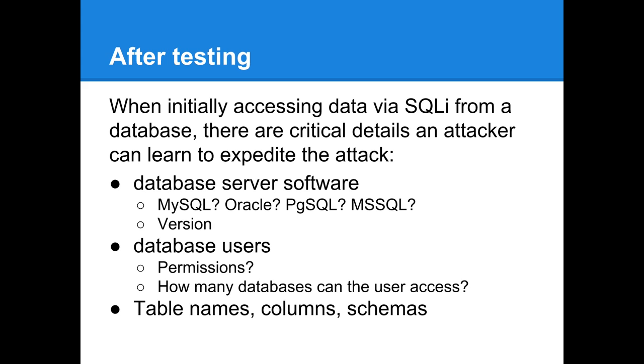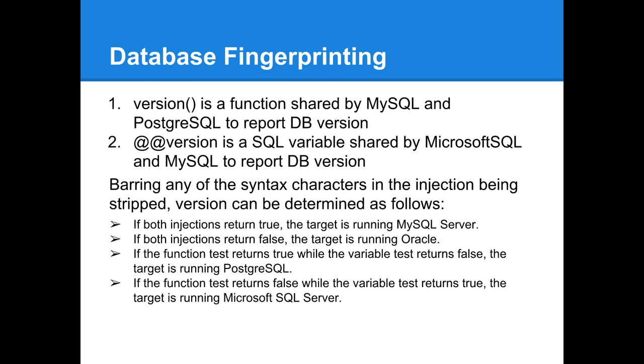And then you want to discover what the database users are, what their permissions may be, how many databases can each user access, and finally, you'll want to map out the table names, each table's columns, and schemas. So, there are some tricks you can use to fingerprint what software is providing the database.